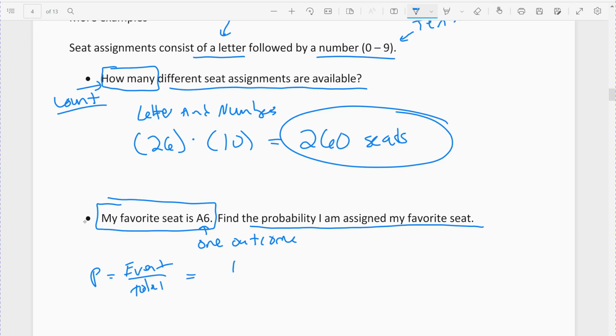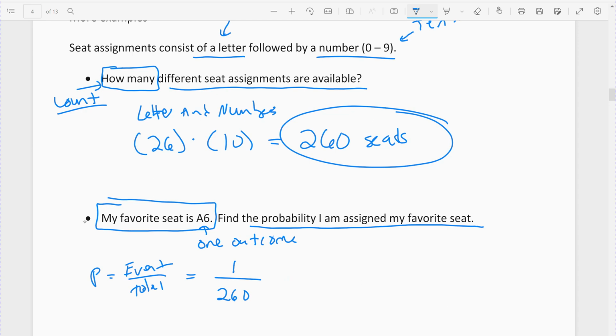The event is there's one seat that's labeled A6 out of my 260 seats. So that's the probability that you get that one seat.